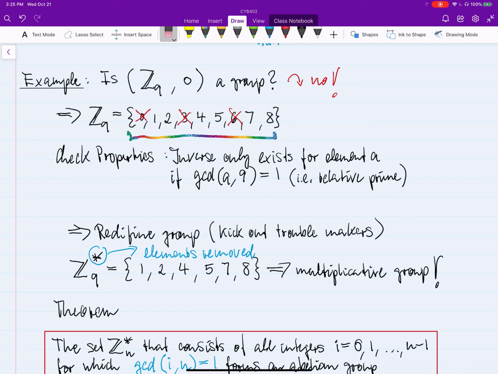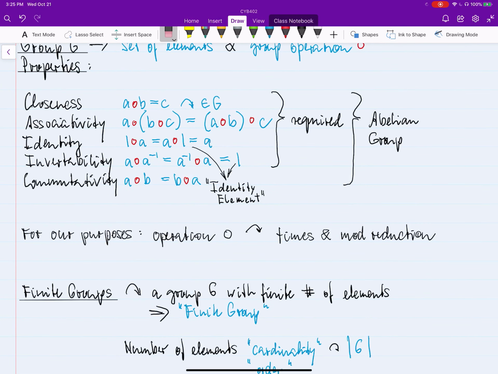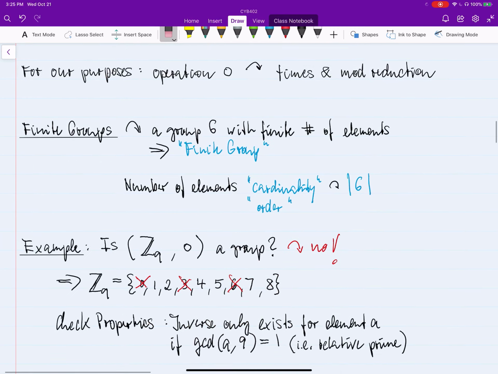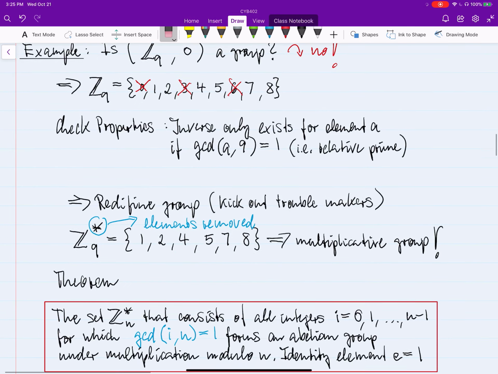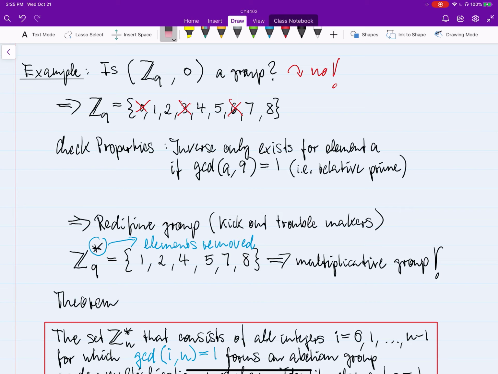Okay. So when you look at each of the elements, it turns out that not all of them have an inverse. And invertibility was an important property for a group. For Z9 under multiplication, we have a number of elements that do not have an inverse. Those elements I crossed out here in red.